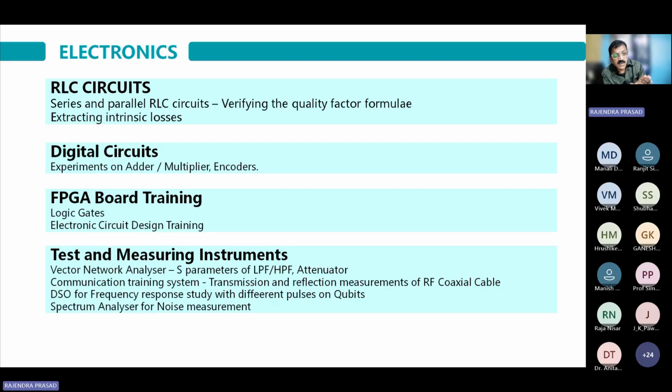We have included this with respect to what we are giving as a quantum computer or communication. All these are connected to some extent to what we provide as the core learning system. These instruments can also be used there. There is also an RF lab with microwave components, RF components. That also you can add.